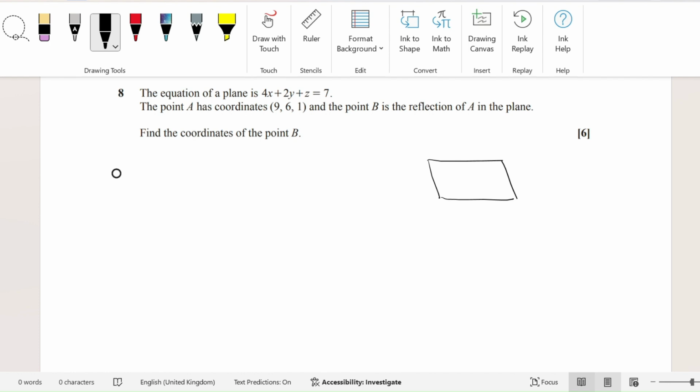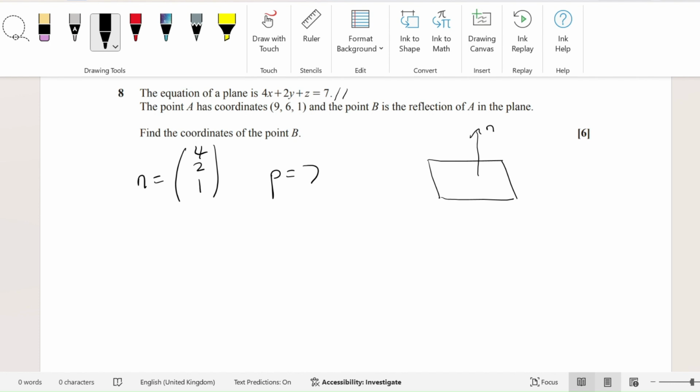And what we know about this is that the 4, 2, and 1, the coefficients of the x, y, and z variables, that's basically the normal vector to the plane. So we have a normal vector to the plane n, and n is equal to (4, 2, 1). And this value is equal to the p-value, and that 7 is specific to this plane.